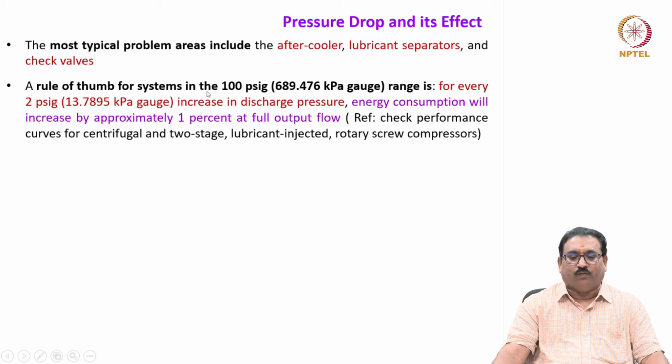A rule of thumb for a system in the 100 psig range is, for every 2 psig increase in discharge pressure, energy consumption will increase by approximately 1% at full output flow.